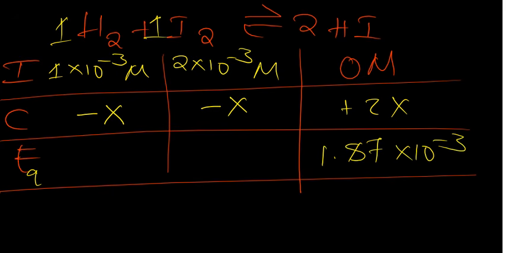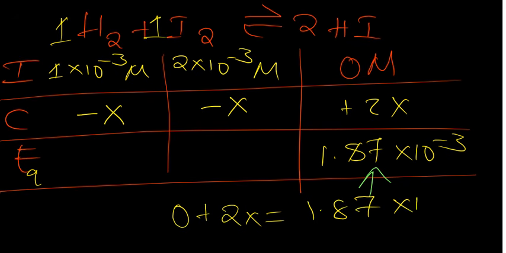I just substituted that in the question. The question had given us the initial concentrations, and then they also said at equilibrium the concentration of the product was this. So we just had to fill in 0 and the 2x. That can help us find the value of x. The idea is your initial plus your change, just like we've written them. So 0 plus 2x is equal to 1.87 times 10 to the power negative 3.